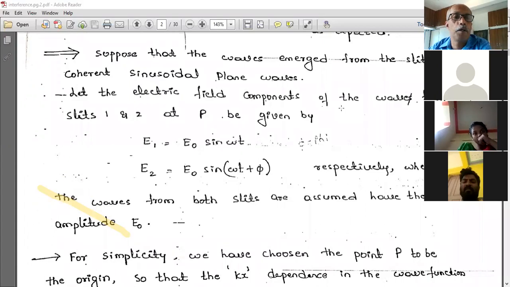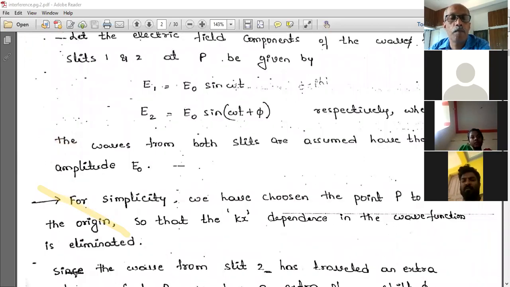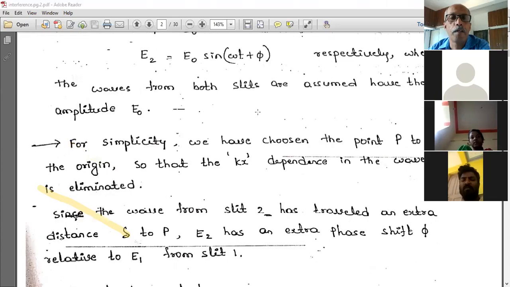So let us consider electric field components from slits S1 and S2, or E1 and E2, and they are given by the expression E0 sin omega t and E0 sin omega t plus phi. They have the same amplitude, frequency, wavelength, and are traveling along the same direction, but with a constant phase difference phi.